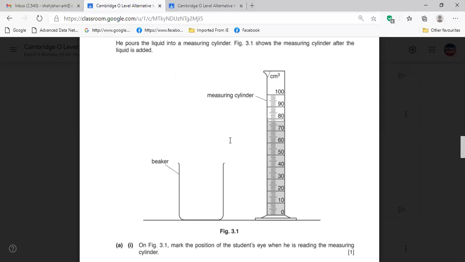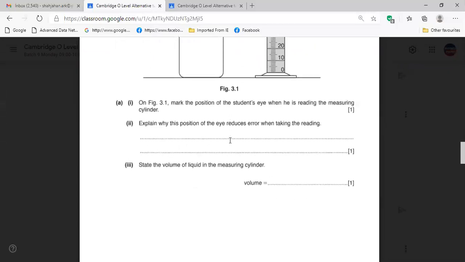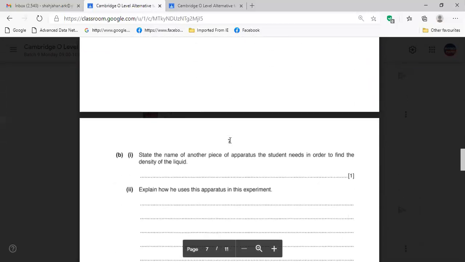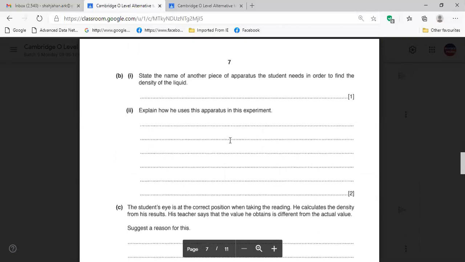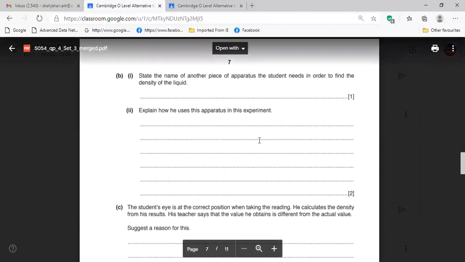So whatever you like, you can write. That time the beaker should be empty, the first one. If you want to use the measuring cylinder, the first step will be with the water in the measuring cylinder. That mass you have to measure first. So write whichever one you like. That's up to you. Have you written already, or are you writing now?